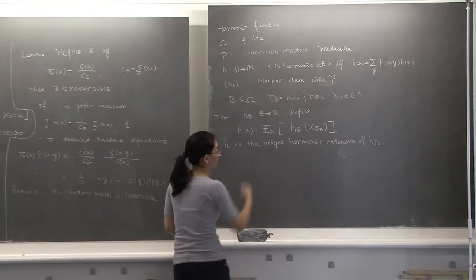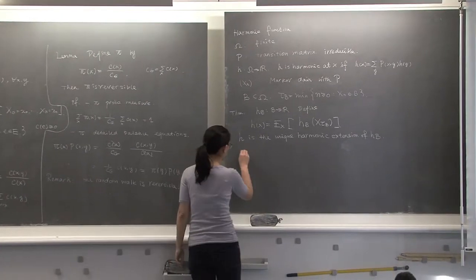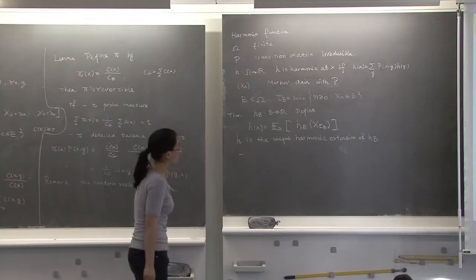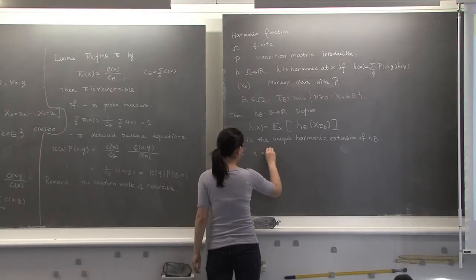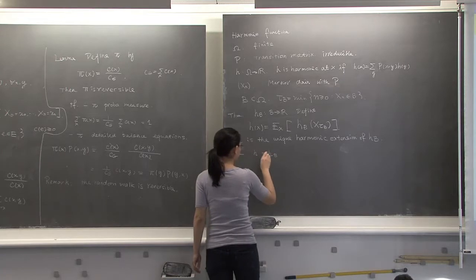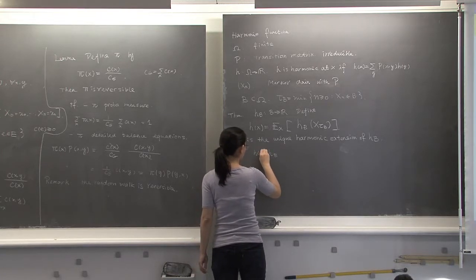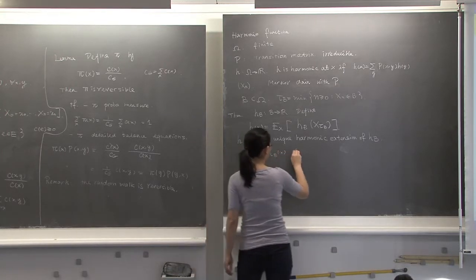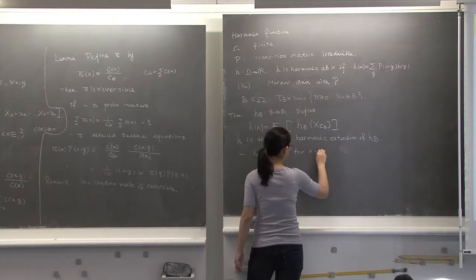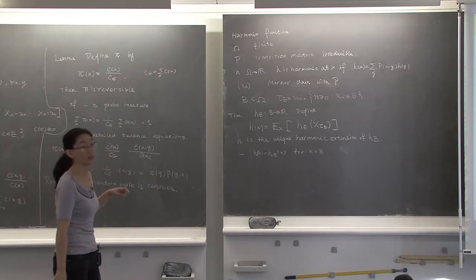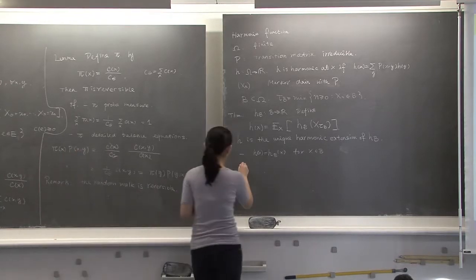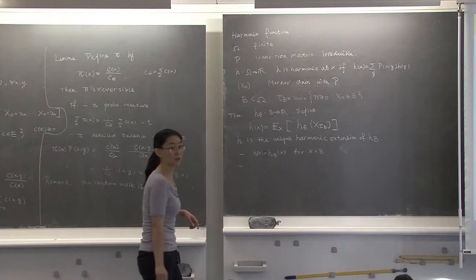So this statement has three small arguments. First, it is an extension of HB. It means that h equals HB for x in B. So this is the meaning of being an extension of HB. Okay, and then it is a harmonic extension of HB.